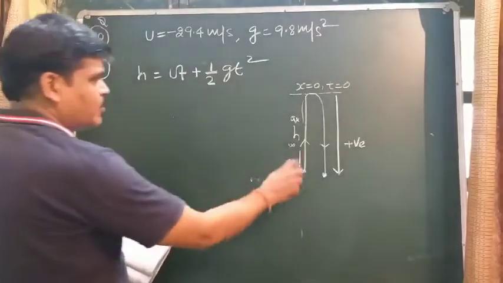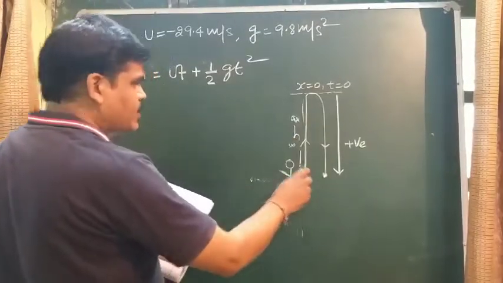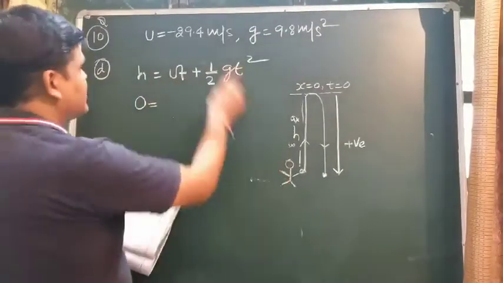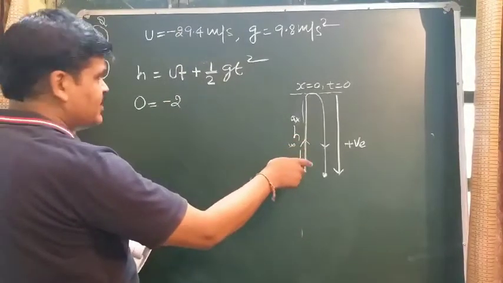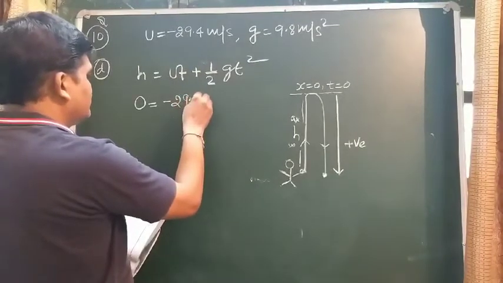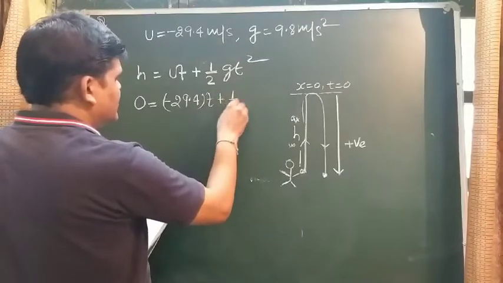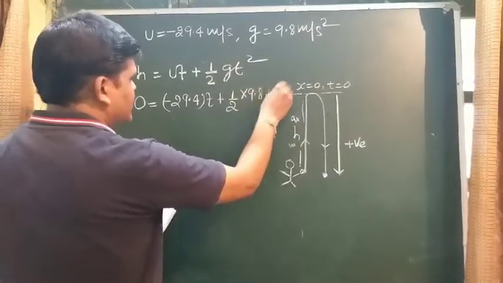And here the total displacement of the ball after returning to the thrower's end becomes 0, and the initial velocity in the vertically upward direction, according to the sign convention given in this question, is taken to be negative, so 29.4 into t plus half, and the value of g is 9.8 t square.